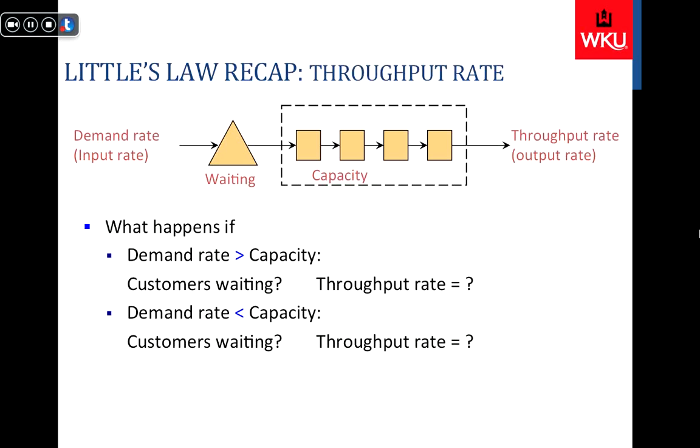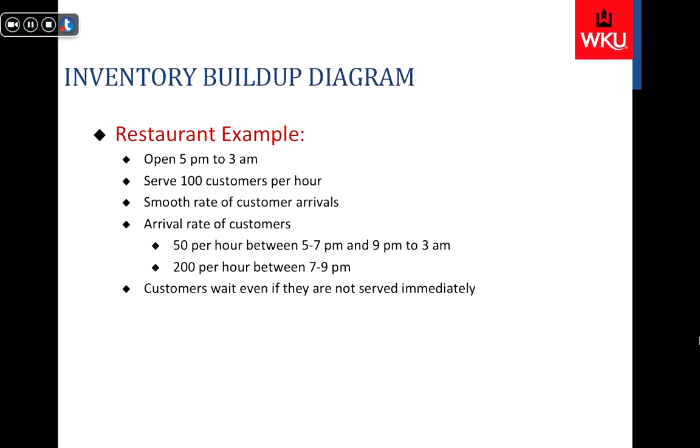So the throughput rate in the second case will be the demand rate, unlike the first case. Okay? I have one example about the inventory build-up diagram to show this phenomenon in a better way. It will clarify the differences.